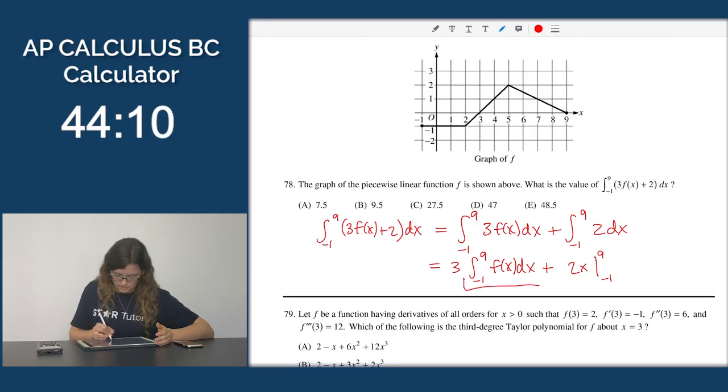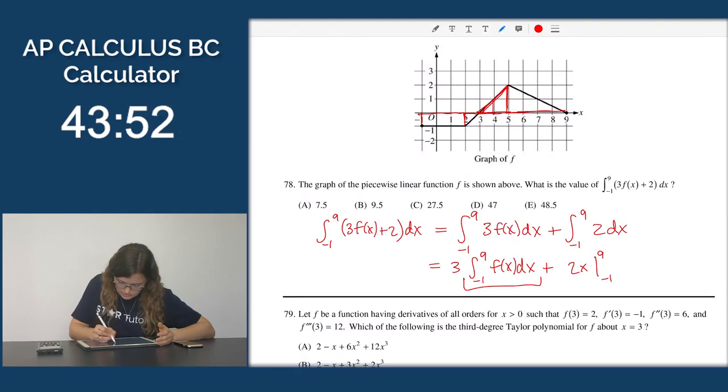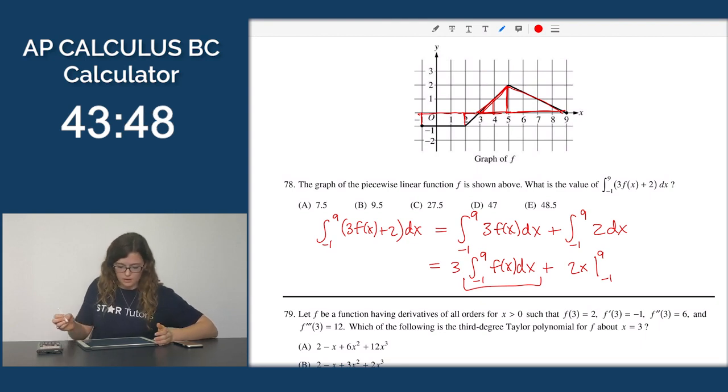Okay, so now this integral from negative 1 to 9 of f of x dx is just the area under the curve that I'm given. So I want to find the area under this curve. So I'm going to split it up into a bunch of different things that I can find the areas of. Sorry, I'm going to do this triangle. And, well, I guess I can just do the whole big triangle. That would be easier. So the area from negative 1 to 3 is going to be negative since it's below the x-axis.